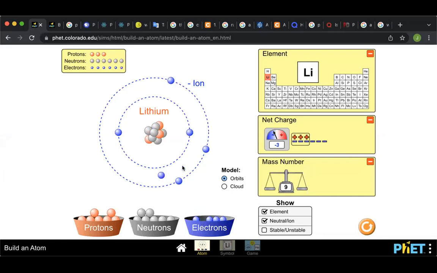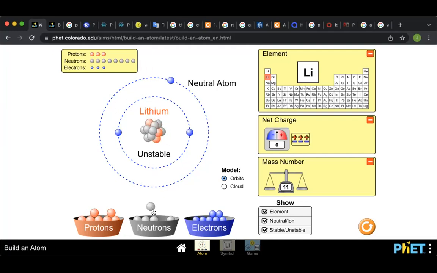Sorry, I am removing that. That's a neutral atom. If I aggregate one neutron more, nothing happens. If I aggregate a lot of neutrons here, that's unstable. That is a radioactive material, right?